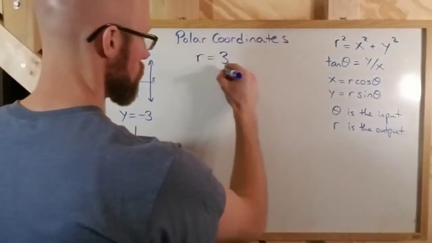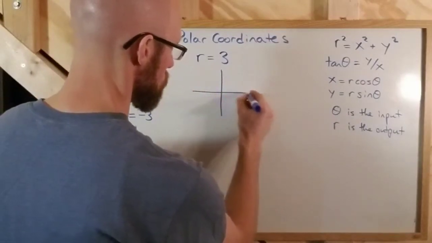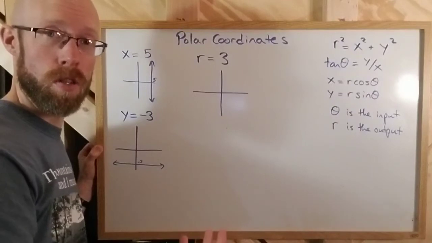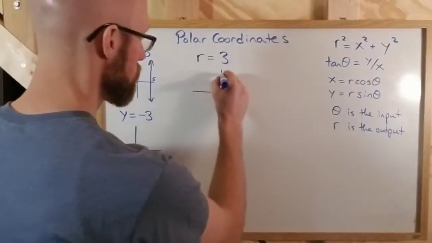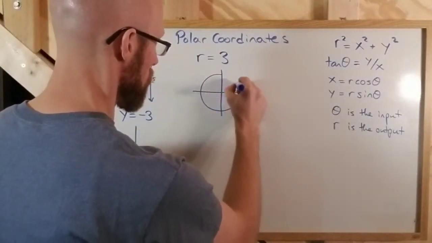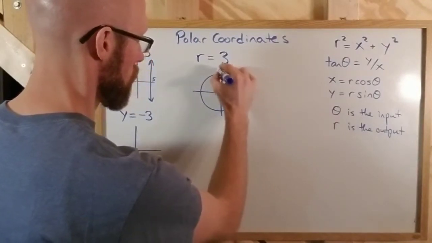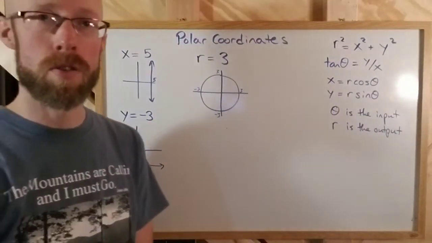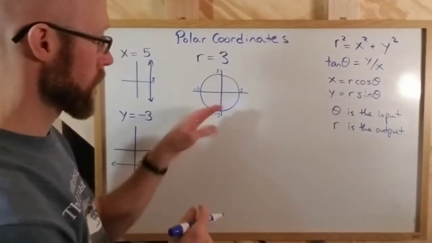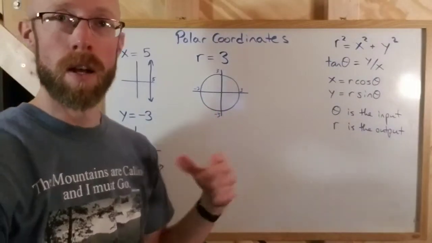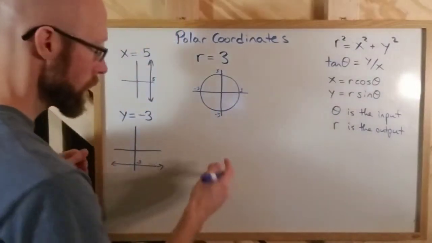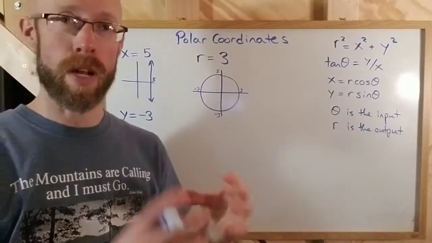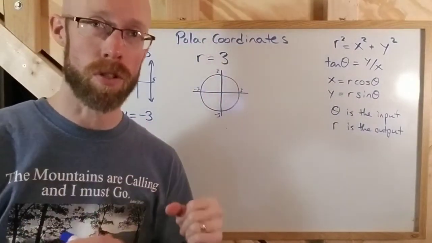A constant radius of 3, all points with a radius of 3, would just be a circle of radius 3 centered at the origin, no matter the angle. That's going to be the case for any radius. If you fix a radius, you get a circle centered at the origin.